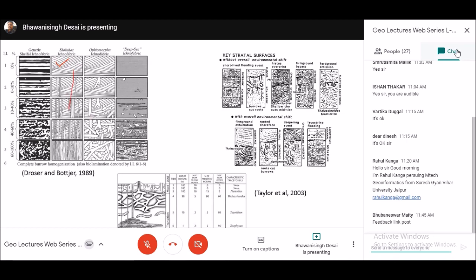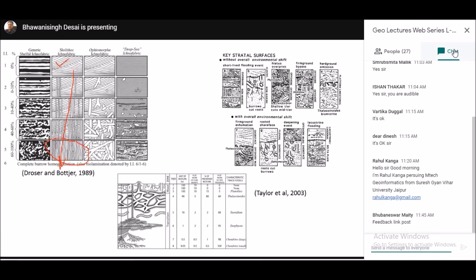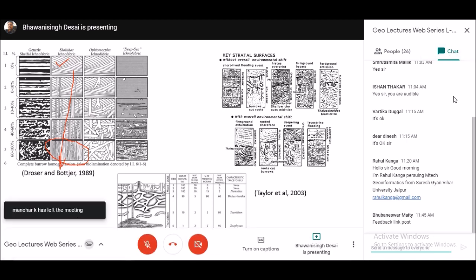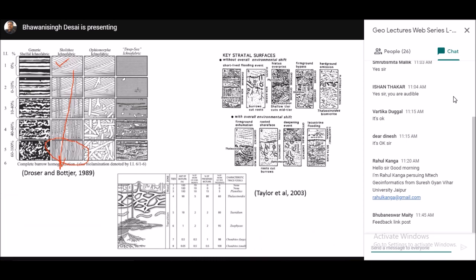On the other hand, if I am unable to see any physical sedimentary structure, that means it has completely been destroyed by animals. So this is 100% bioturbation.